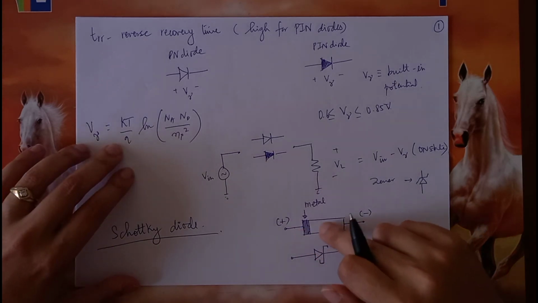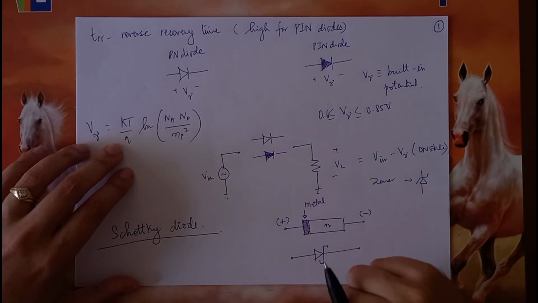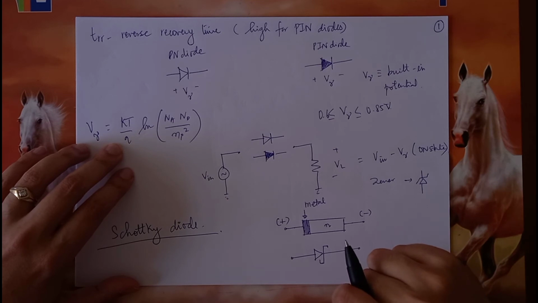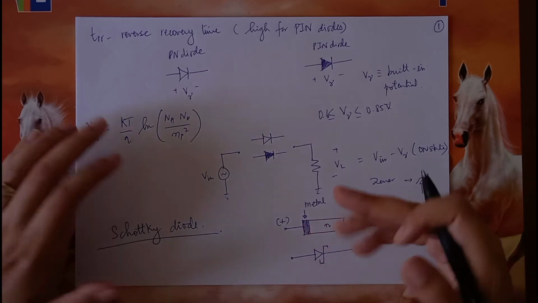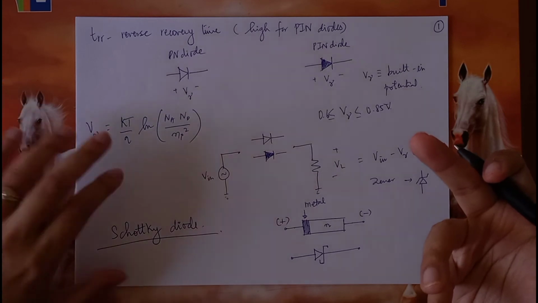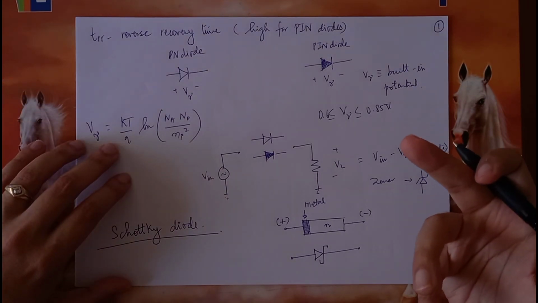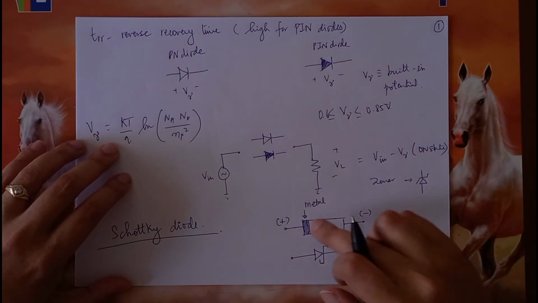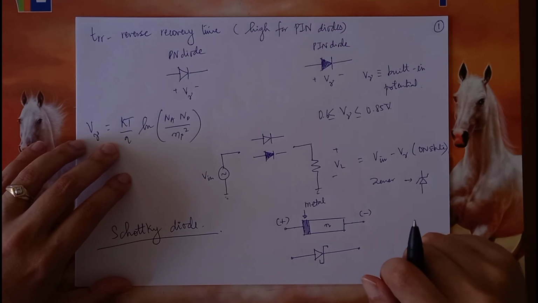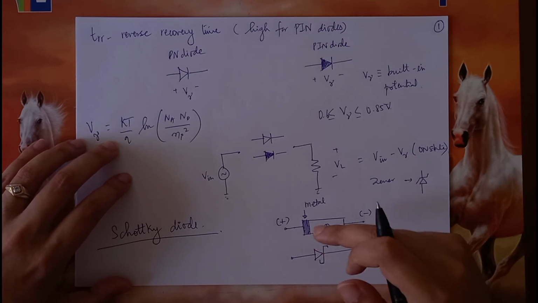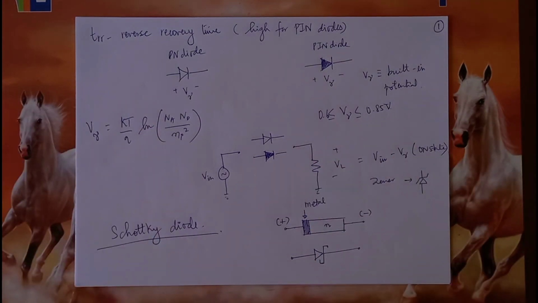Now what happens is, because of this metal and semiconductor junction, there is no concept of anything called a depletion layer. The depletion layer is almost negligible in this case. So therefore, smaller the depletion region, lesser will be the number of stored charges.